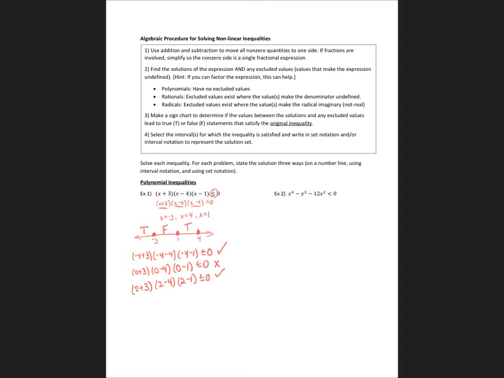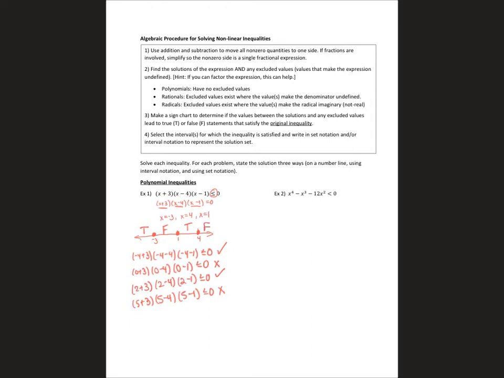And then finally, for my last interval, 4 to infinity, I need to pick a point in between that interval. So maybe I pick 5. 5 plus 3 times 5 minus 4 times 5 minus 1 has to be less than or equal to 0, and that is false.